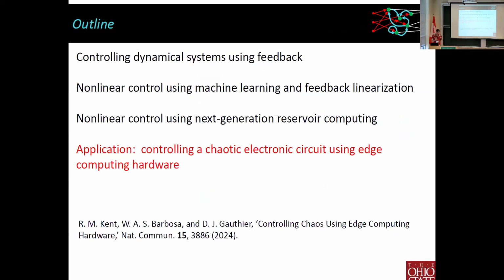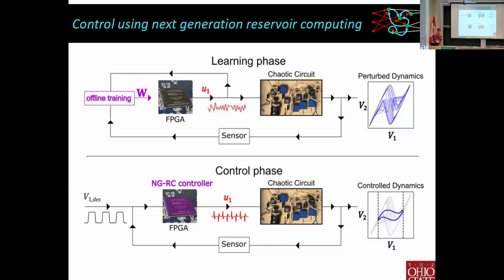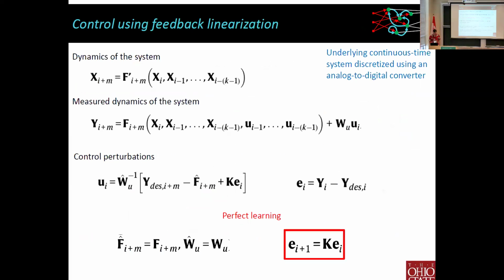Oh, sorry. Do you need alpha to determine the K that you mentioned? No, K is something that you need to set, but you've got a limited range of values. If you want this map to be stable, then the Floquet multipliers of K have to be in the unit circle.